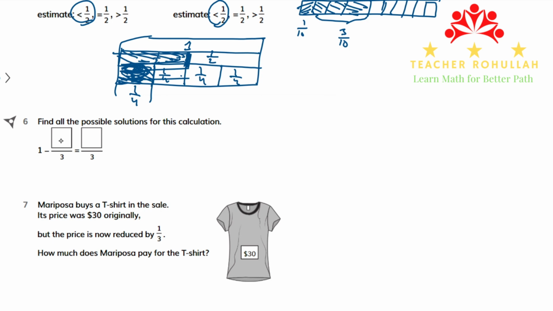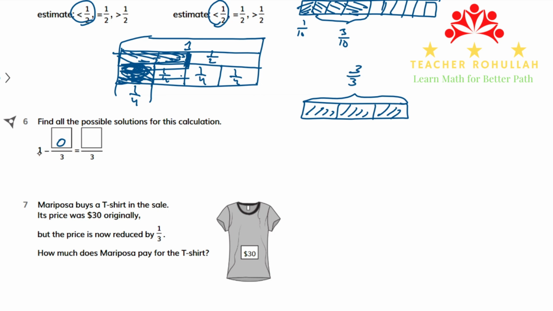If we write here 0/3, as I said, if we have a whole of something and it's cut into 3 equal parts, if we want to show the whole as a fraction, it will be equal to 3/3. Why? Because we take all 3 equal parts there.